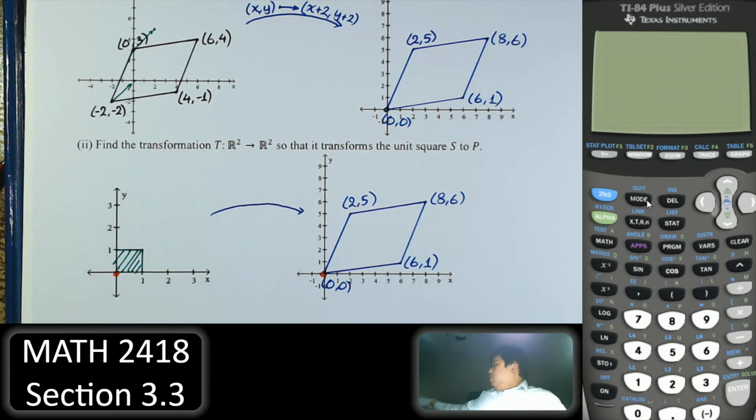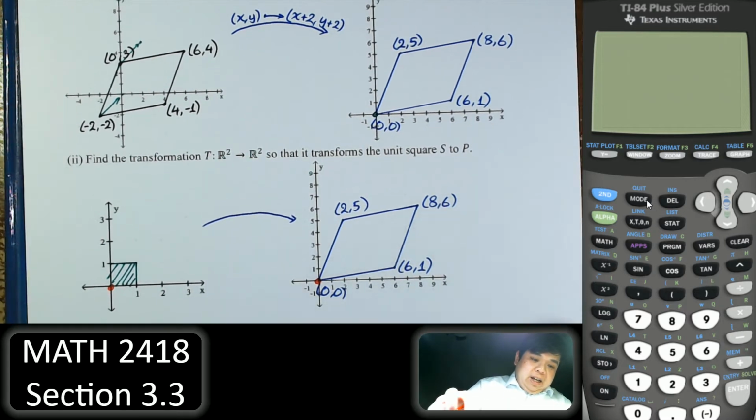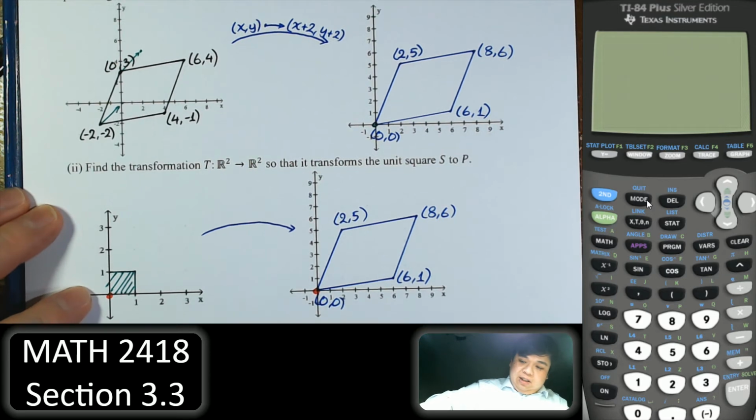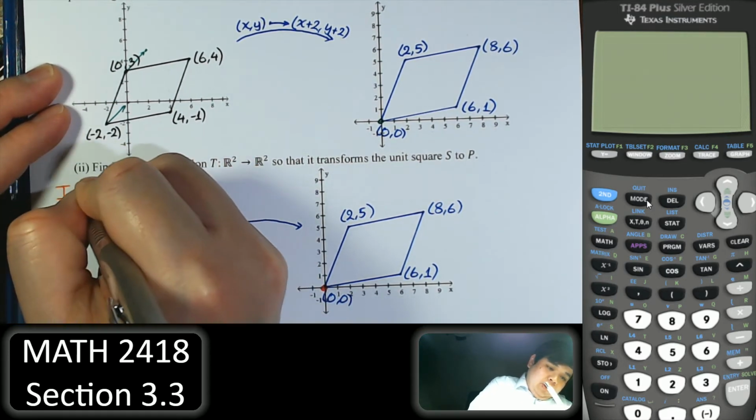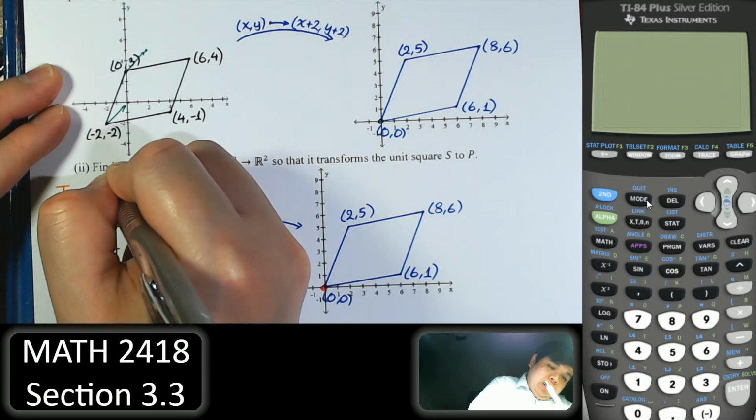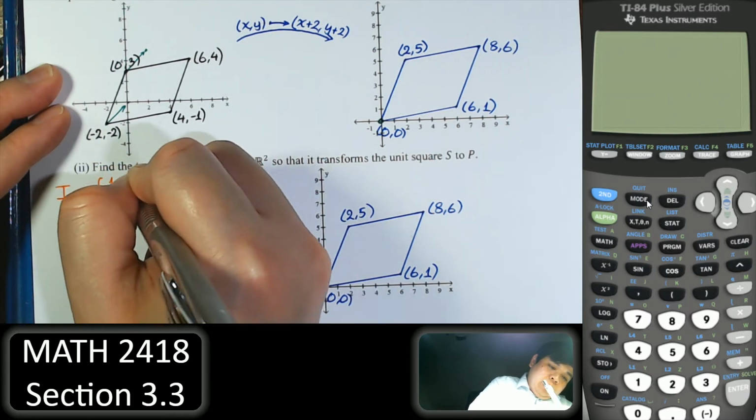So to recall, first we have the identity matrix. So it's going to be 1, 0, 0, 1.